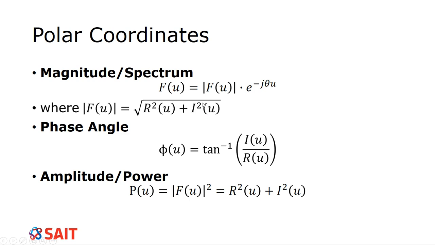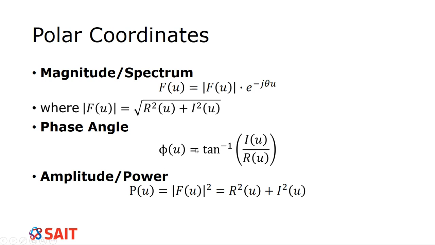So if you were to say r theta, it's the radius on the imaginary and real coordinate system, and we get an absolute value of it. So again, then we multiply by e to the negative j theta u, and that gives us my magnitude. And it's also known as a spectrum, but it gives me the magnitude of my wavelength.